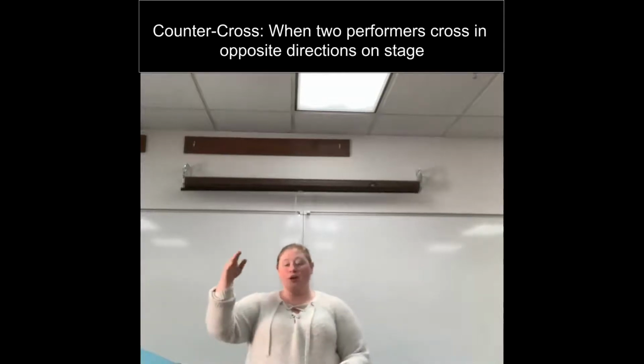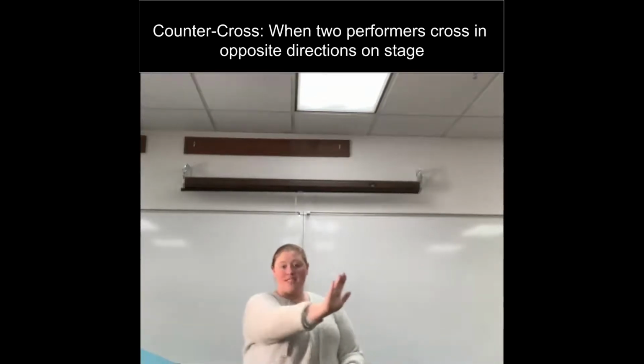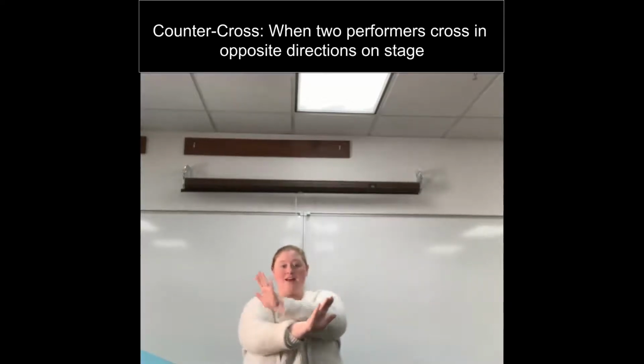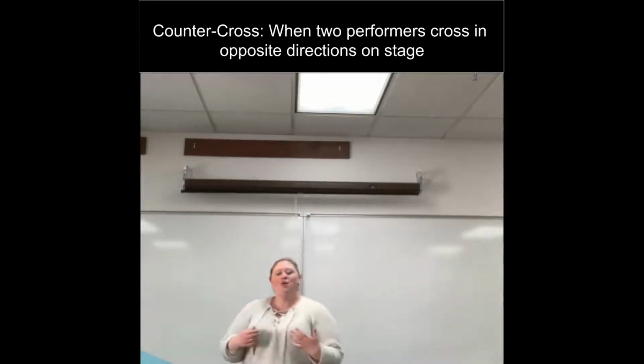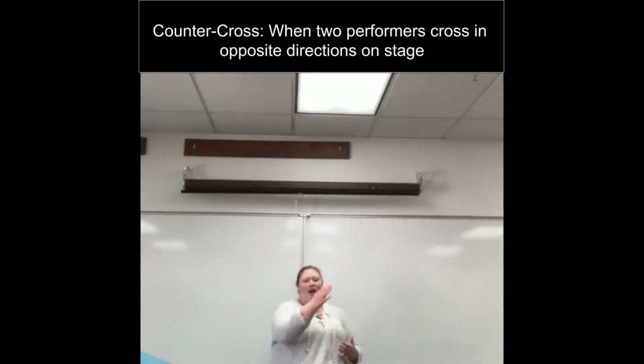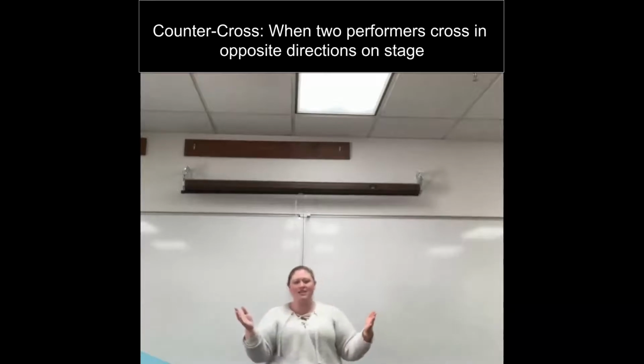So, person A goes this way, and person B goes this way. Counter cross. Most of the time, directors have performers do counter crosses to even out the stage picture.